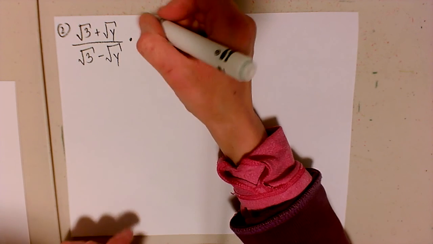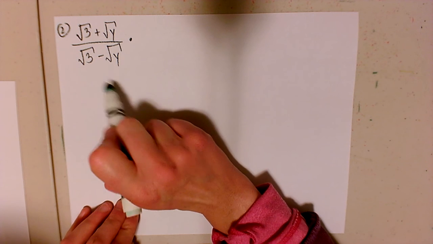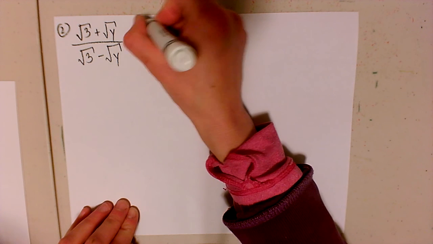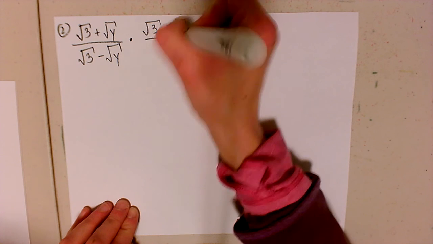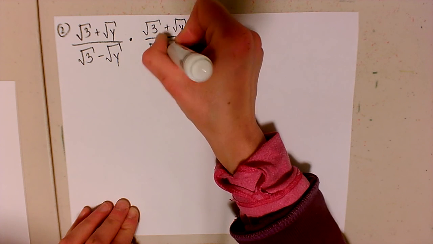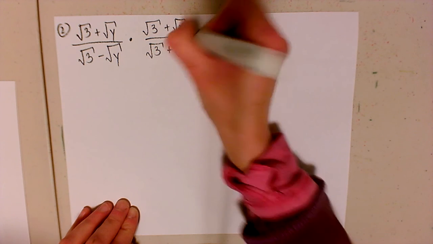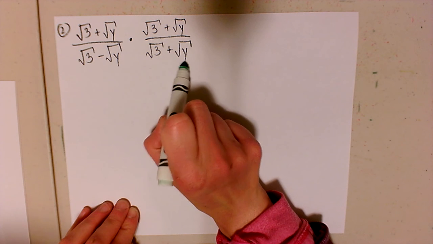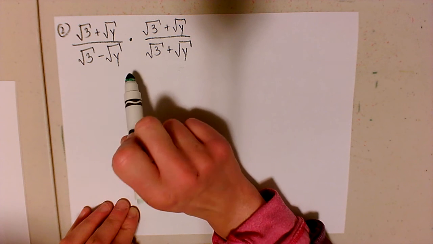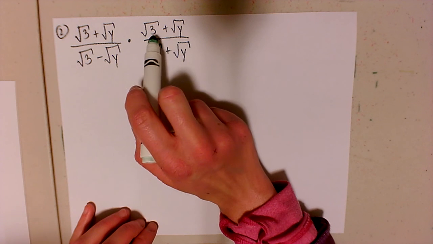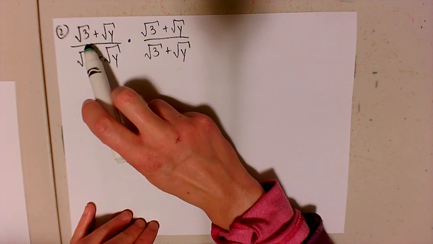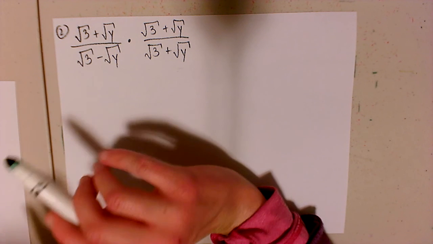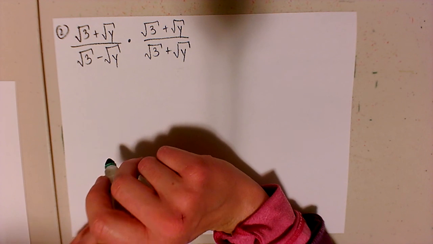Okay, so we multiply by the conjugate of the denominator, which is going to be root 3 plus root y over root 3 plus root y. So this is the exact same thing as your denominator, except you flip the sign. And it just so happens, it doesn't always work out this way, that it's the same thing as the numerator. It's just a coincidence here.